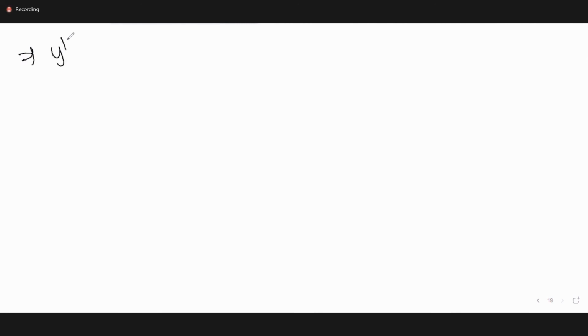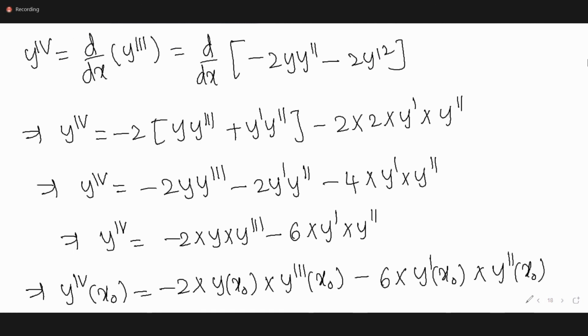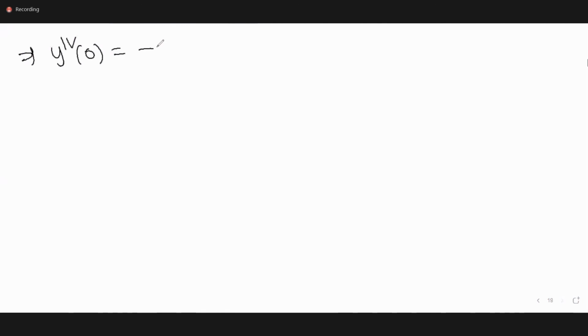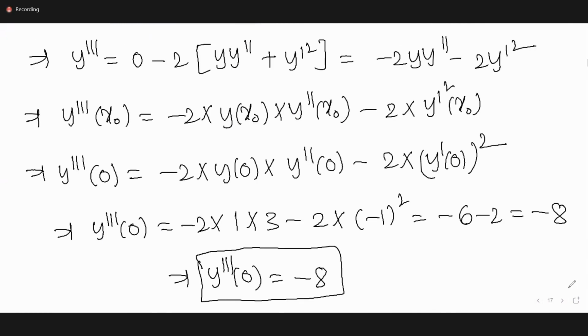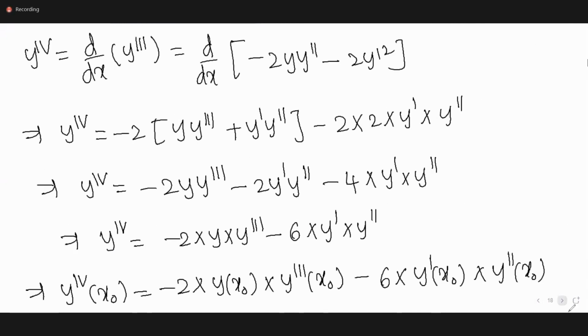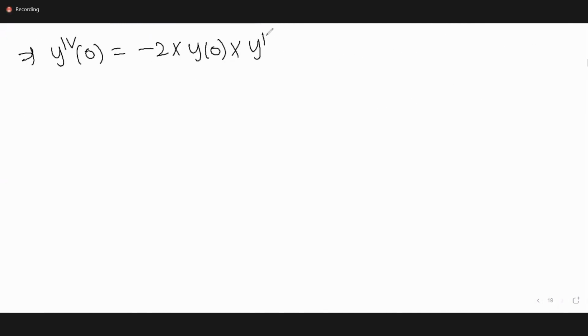So y fourth derivative of 0 is equal to minus 2 into y of 0 into y triple dash of 0 minus 6 into y dash of 0 into y double dash of 0.